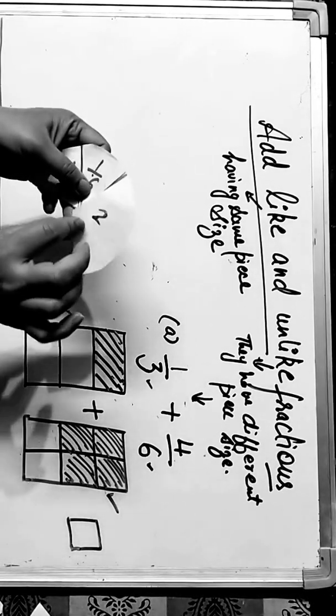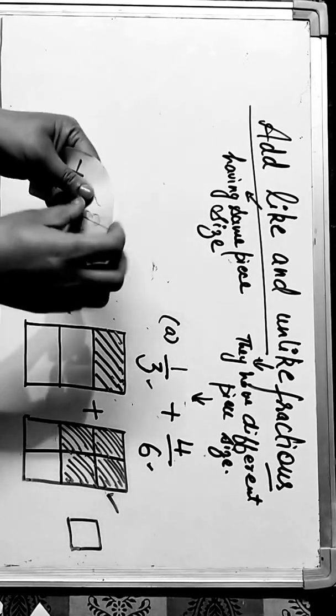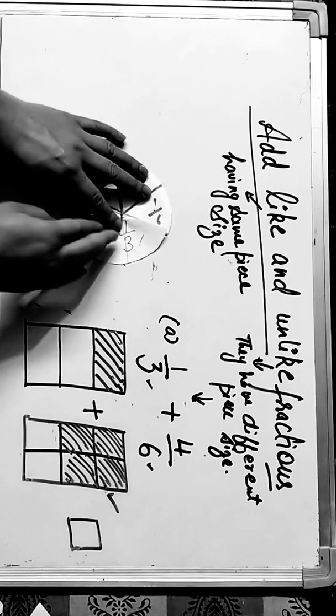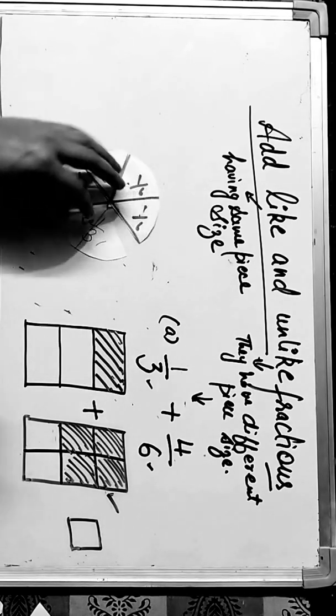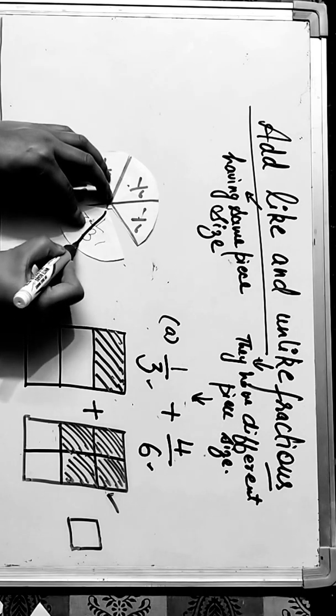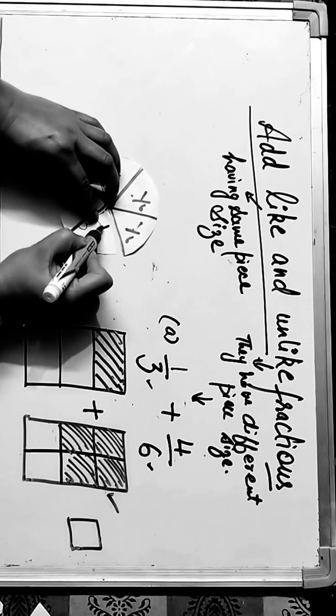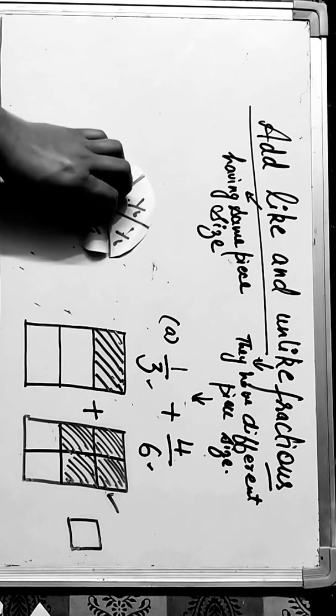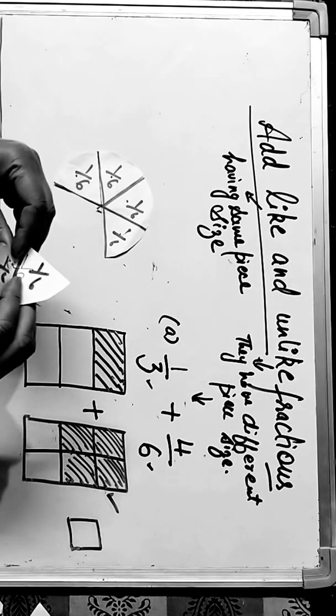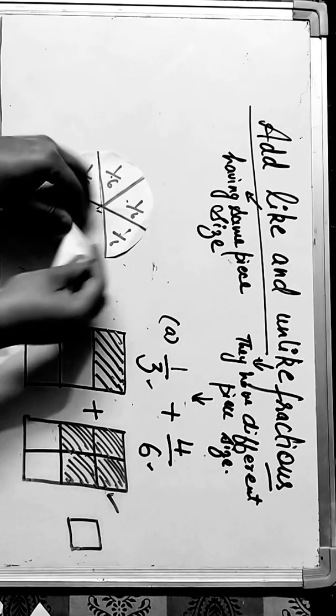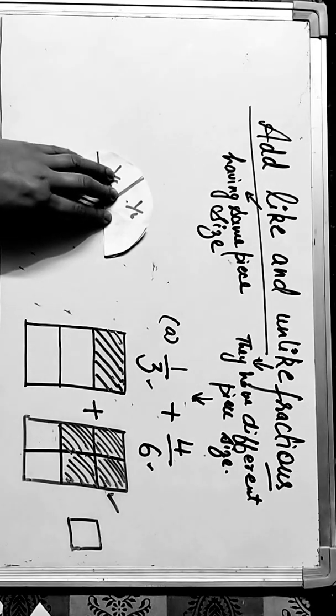If I join 1/3, it looks like a full chocolate. So if I cut 1/3 into 2 parts, it will be 6th piece size.